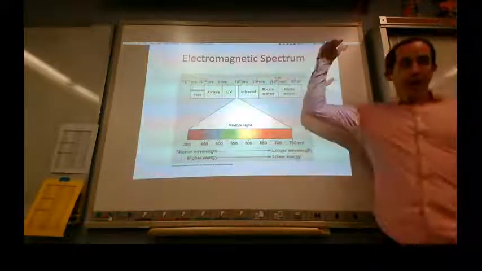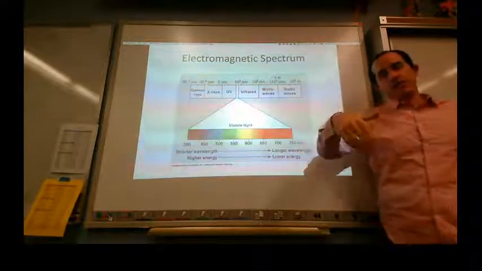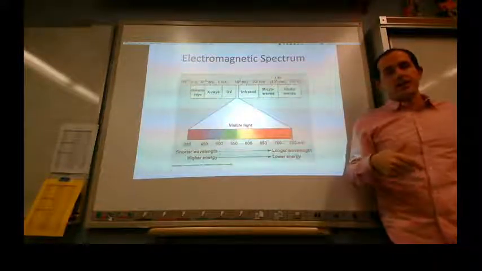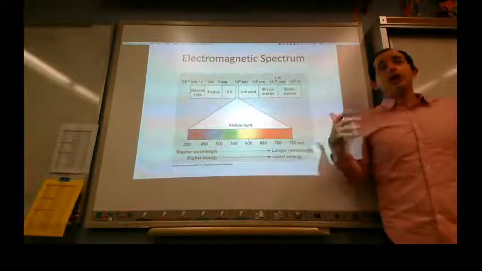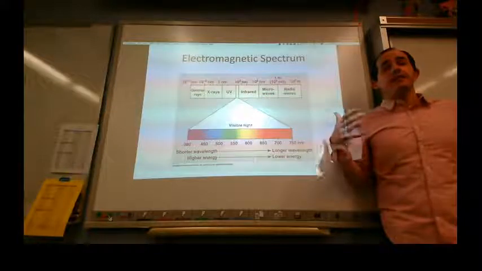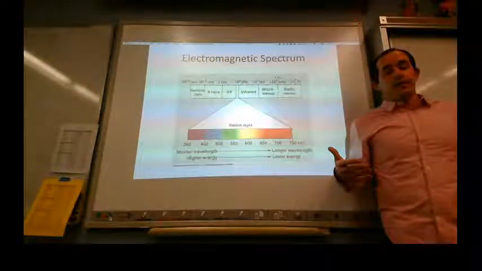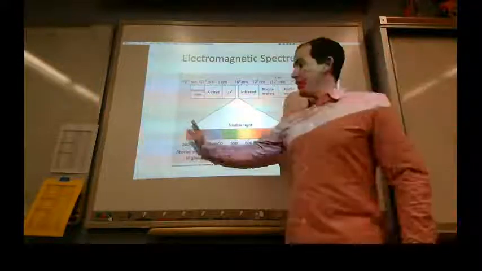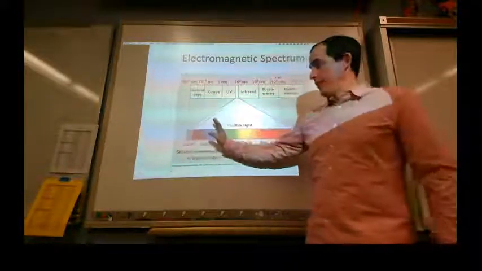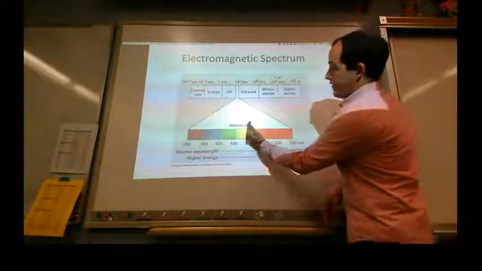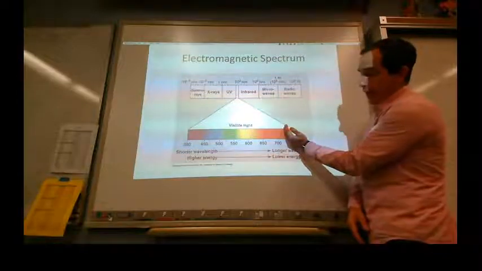Okay? So as that light comes in and hits the chloroplast, which we'll see here in just a second, something happens, and we know just by looking at green plants that something is happening. All right? The idea is that all of this light energy is being absorbed by the chloroplasts.